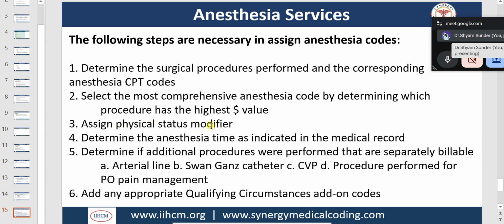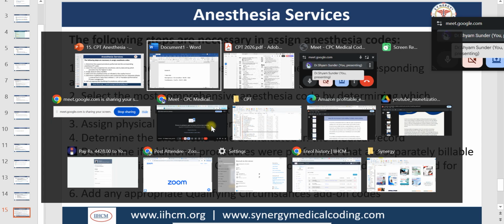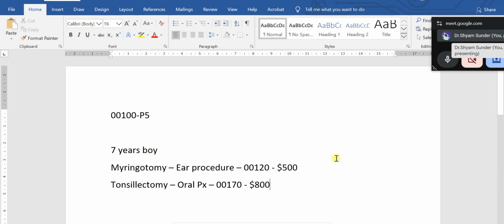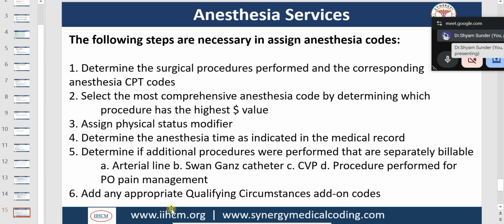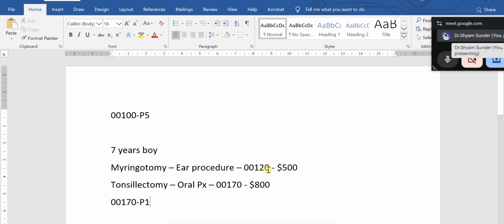Third step is to assign the physical status modifier, P1, P2. In this case, 00170 P1, because he is a 7 year old boy, otherwise a healthy patient, so P1. Then determine the anesthesia time as indicated in the medical record. The coder's responsibility is also to fill in the time.